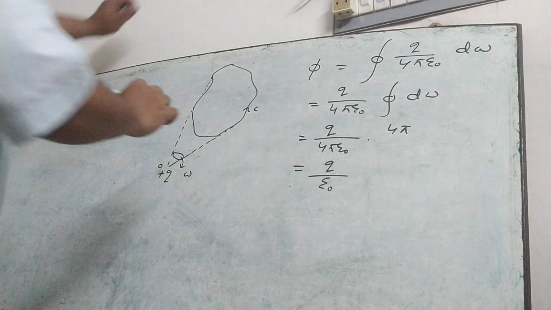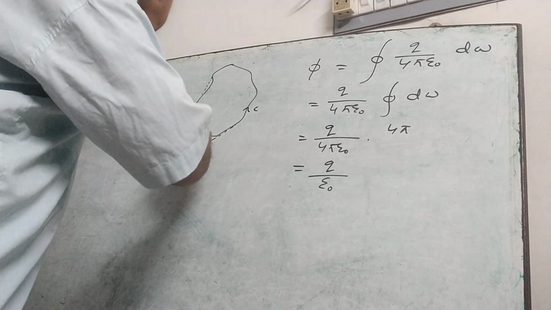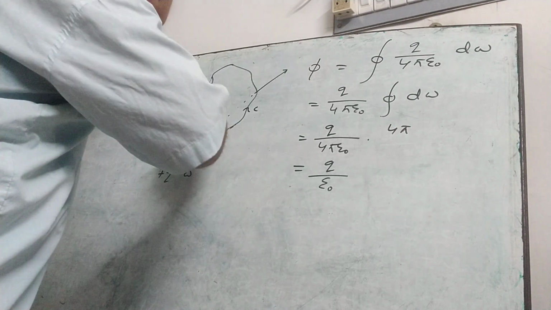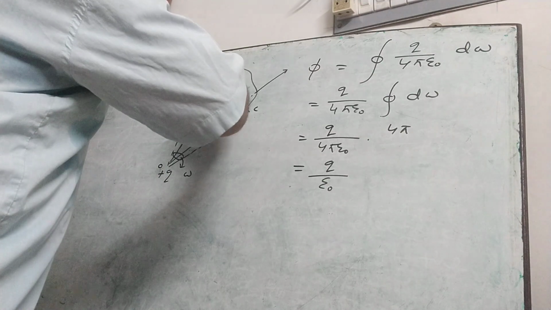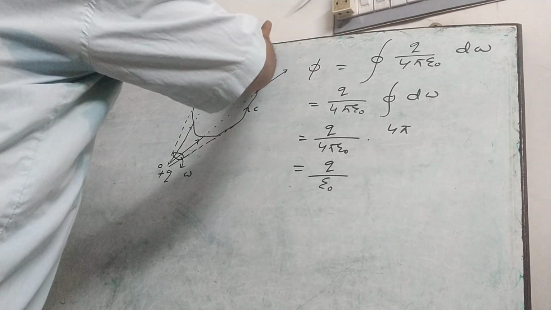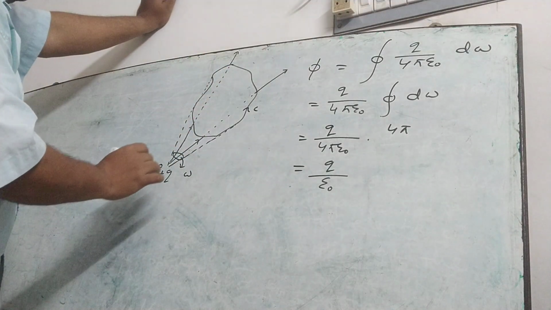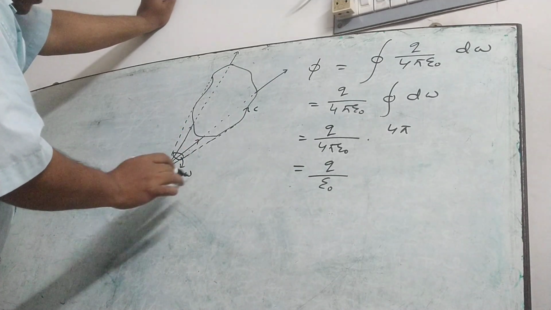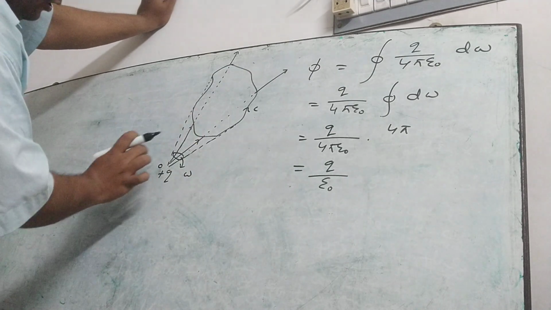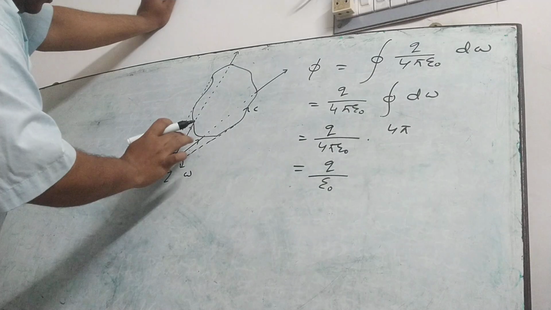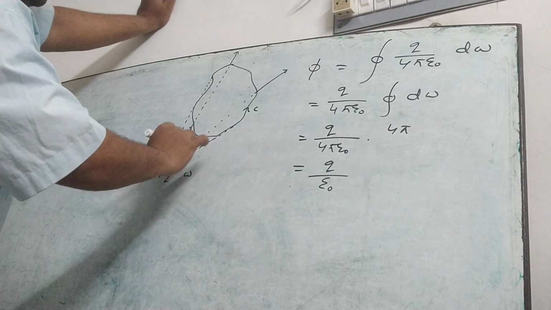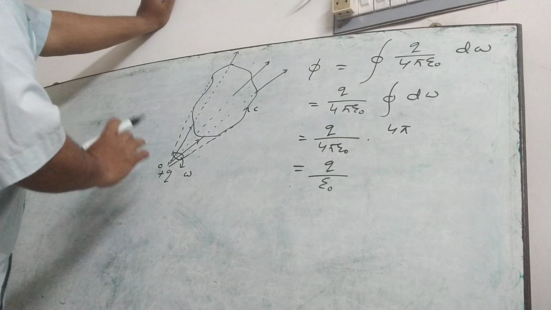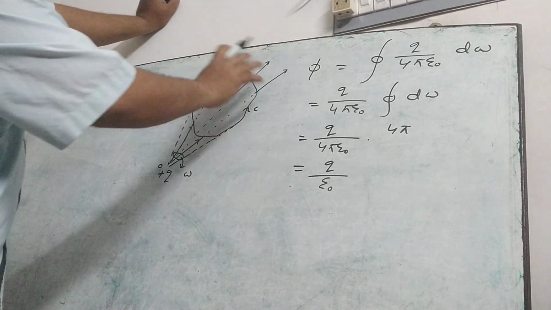Now the electric flux or electric lines of force which are entering the surface from plus q in the solid angle omega, the number of lines of force that enter the surface is equal to the number of electric lines of force that come out from the surface. Therefore net electric flux is equal to 0.